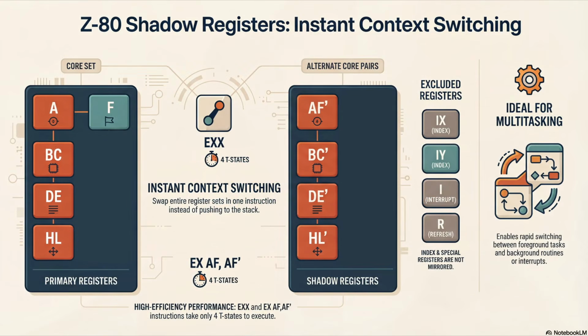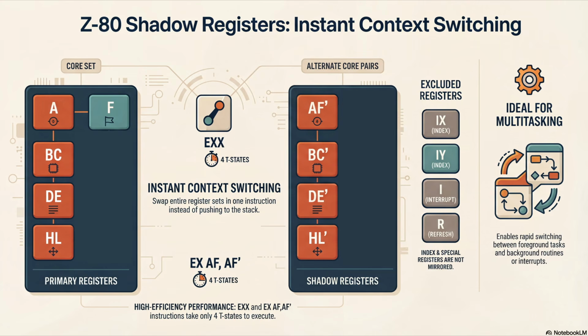The alternate or shadow register set. One of the Z80's most distinctive features is a complete shadow copy of the core register pairs AF, BC, DE, and HL. These alternate registers are usually denoted with a prime suffix.